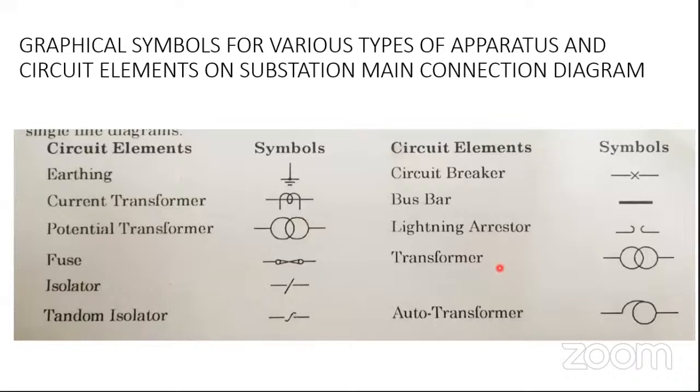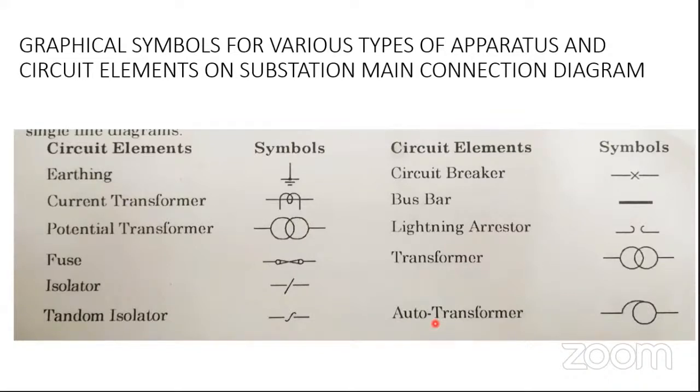The step down transformers are used in distribution substations. Step up transformers are used in generating or primary substations. At places, auto transformers may also be required. Auto transformer, as you know from the transformers topic in electrical machines: a transformer will have two windings connected by a core.